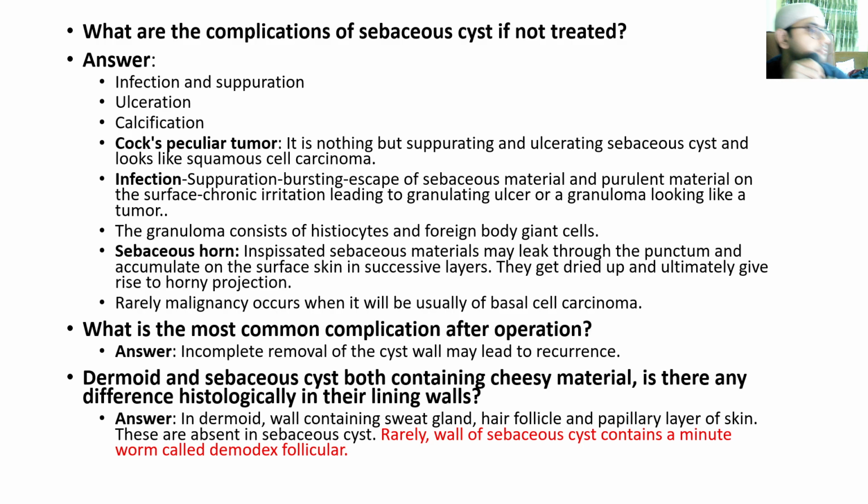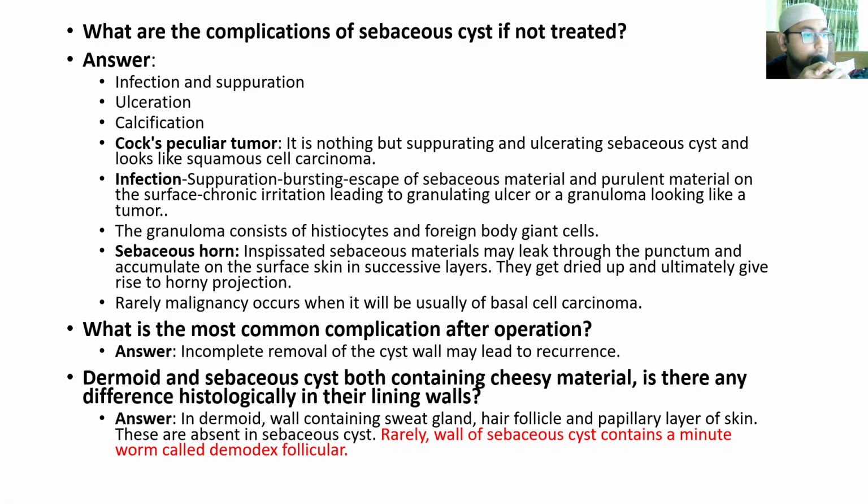It rarely becomes malignant. Also you can see non-malignant lesions, but sometimes basal cell carcinoma can happen from a long-term sebaceous cyst or repeated infection or any other factors which may cause it to become a malignant lesion later on.